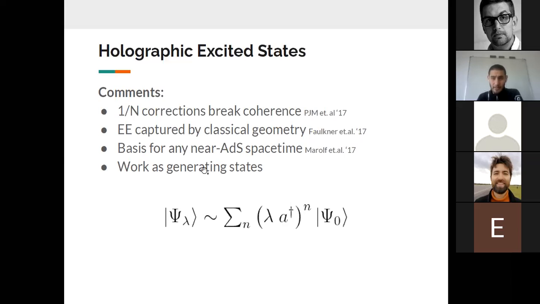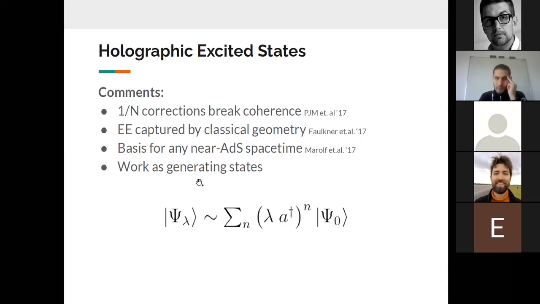These states also have an entanglement entropy captured always by classical geometry. For these states, you compute the entanglement entropy, and you can always find a classical configuration that reproduces their entanglement entropy. They have been shown also to be a basis for any near-AdS spacetime.